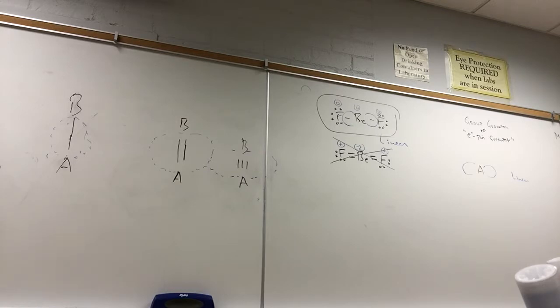Okay, the next is if we have three groups. If we have three groups, then they'll want to separate as far apart as possible. And to separate as far apart as possible, we're going to get this kind of geometry, which is called trigonal planar, in which the groups are separated by an angle of 120 degrees.